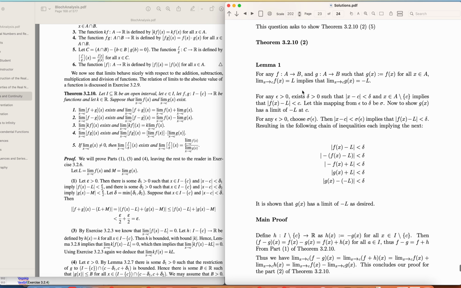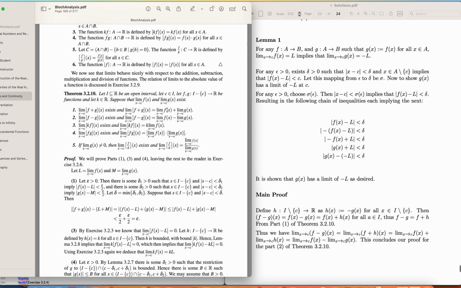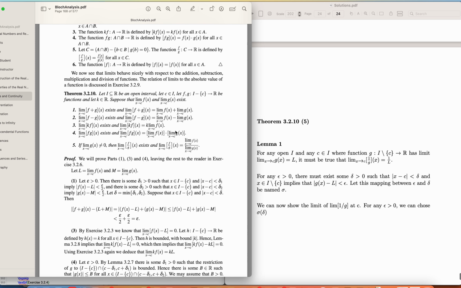So we want to show this small lemma. For me at least that's one way to approach it. If you want to work with epsilon deltas for minus, I'm not sure how you would really go about that. I think that'd be a bit more annoying to deal with.